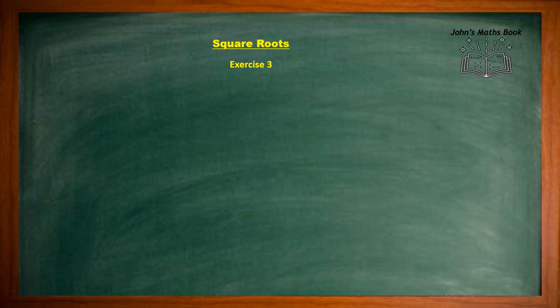So now for exercise number 3, let's look at the square root of 18. Pause the video now and see if you can work out the answer. So 18 is not a perfect square, so the square root of 18 will have a decimal or fractional part. But let's see if we can simplify this one. The square root of 18 can be written as follows. 18 is 9 times 2.